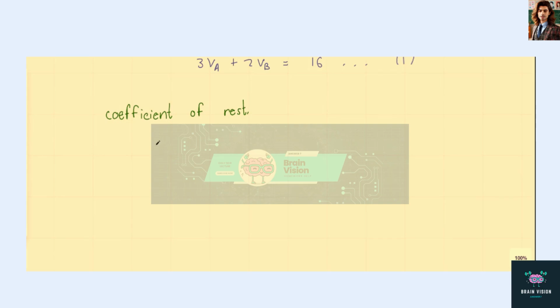For the coefficient of restitution, we again take the right direction to be positive.